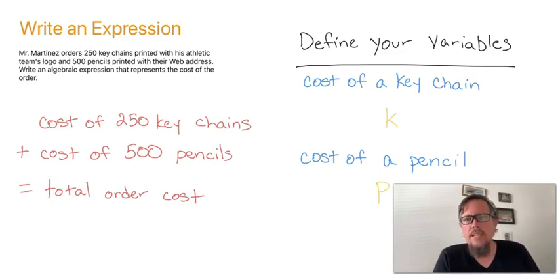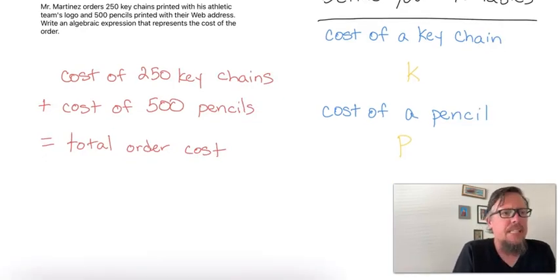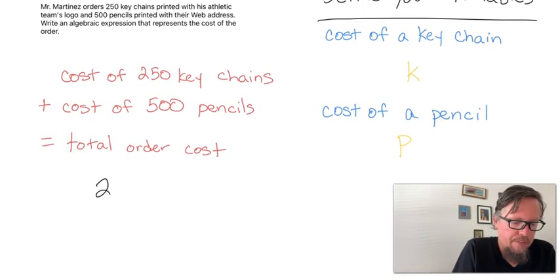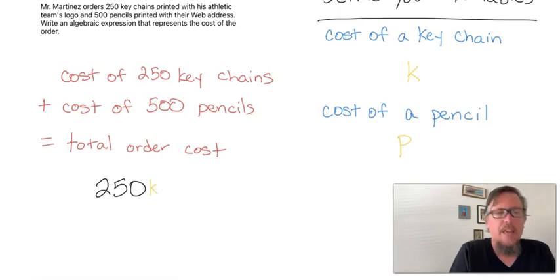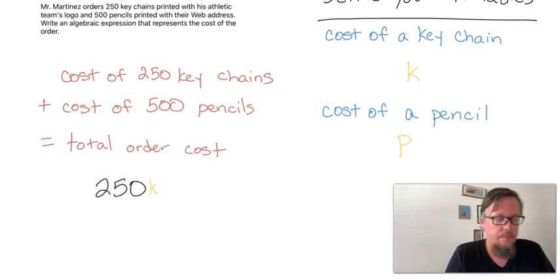So the cost of one keychain is K. We don't know how much it is, which is why we're using a variable. And the cost of one pencil is P. We also don't know how much that is, which is why we're using a variable. But what we do know is that if we take our 250 keychains and we multiply by our variable K, that tells us how much we spent on all 250 keychains together.